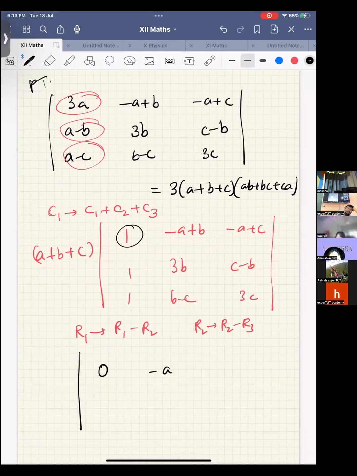Minus a. हाँ, तो कितना आएगा? -2 भी आएगा ना? यहाँ पे कितना आएगा? -a plus b, right? Very good.